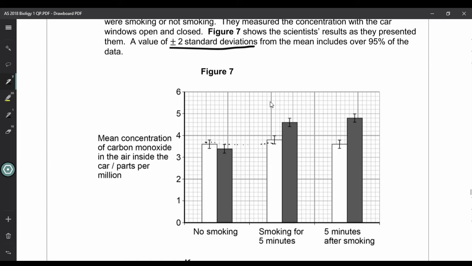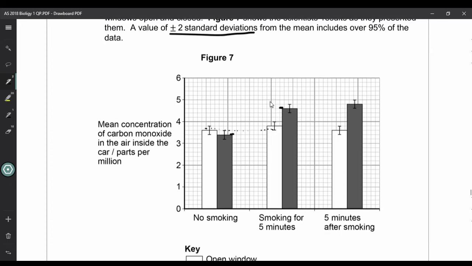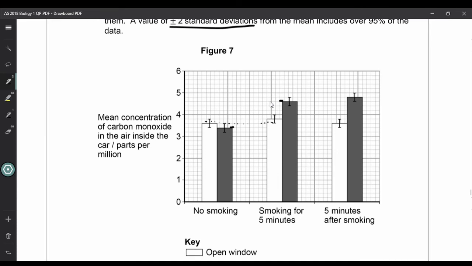But we can say the difference from here to here is a significant difference because there's no overlap of the SD bars. So if we look at what's going on, we can see that smoking after 5 minutes, again, if we go down to the key, with the closed windows, there is a definite difference, even after 5 minutes, between the carbon monoxide levels for the non-smoking and the smoking.